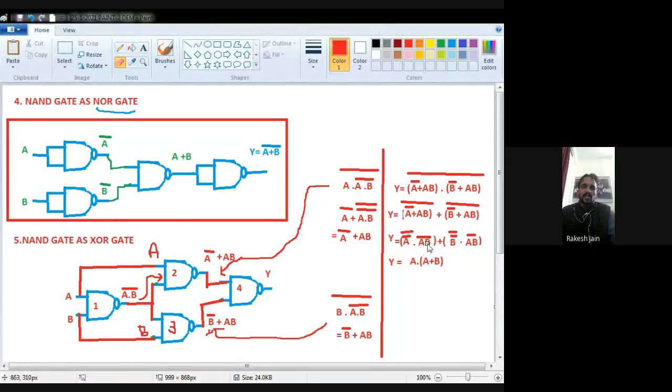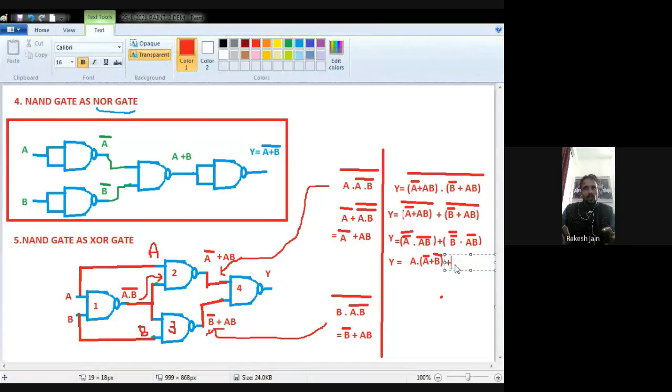There are two things A B, multiplied and having a bar. So again De Morgan's theorem: write down both things with bar and the dot will be converted into a plus. Then C again, then plus.